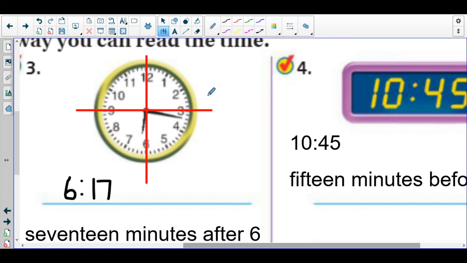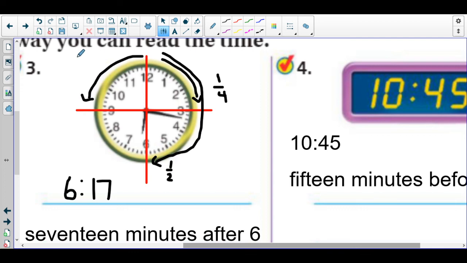So this is going to be 1/4. Okay, so 1/4 of an hour. This right here would be half. And then this right here would be 1/4 of an hour, and then a half.